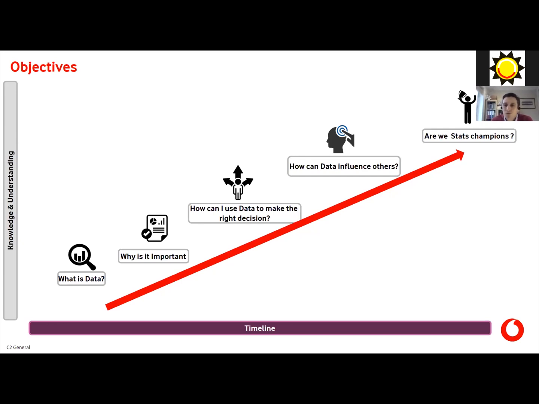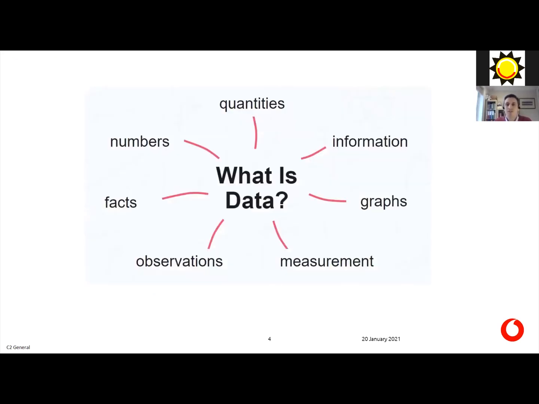So we're going to go through a number of small steps so you can understand actually how we use data, what we do for data that's so important, how we can use data to make the right decisions, and how we can use data to influence others to make the right decisions, and also to make decisions that help us in our day-to-day life. So to start off with, what is data?